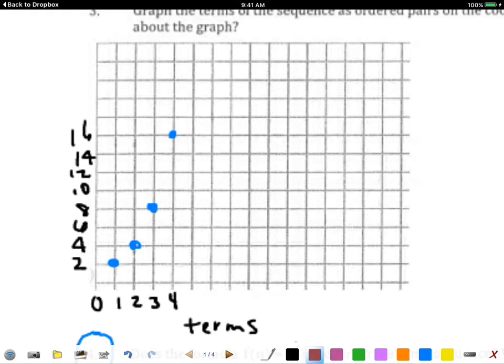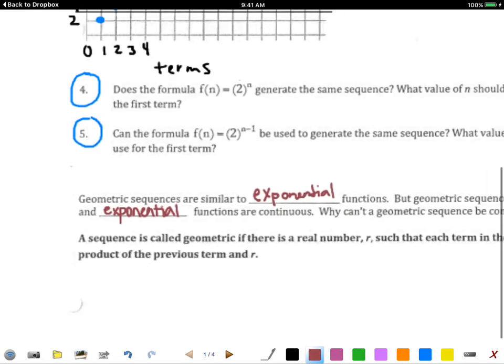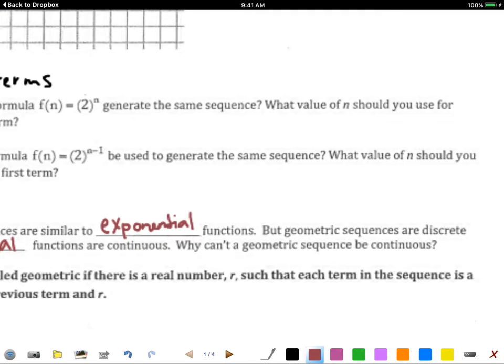We can't connect the dots because by connecting the dots, you would be saying there are values at 1.5 and 2.5 or 3.2. You'd have values in here, and that's not possible because these numbers down here stand for the term number. We have a first term, a second term, a third term. We don't have a 1.5 term, right? Okay, so that is why this can't be continuous.